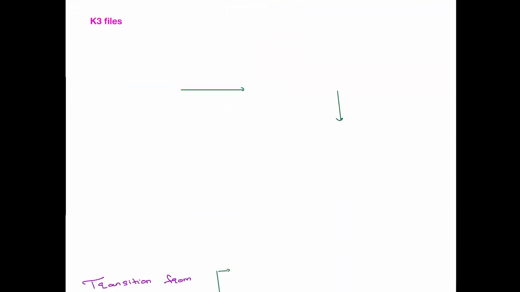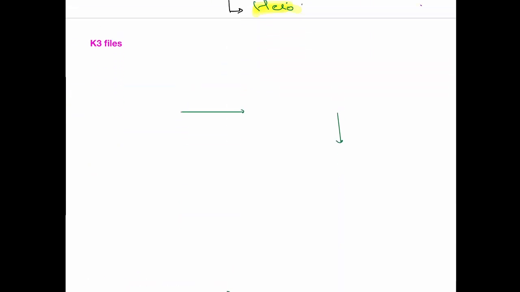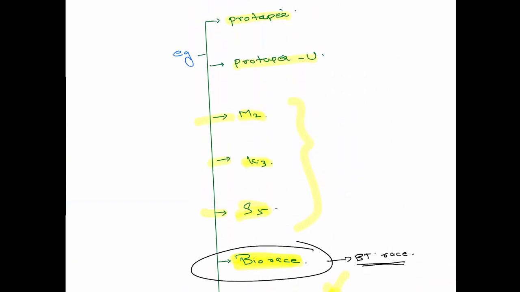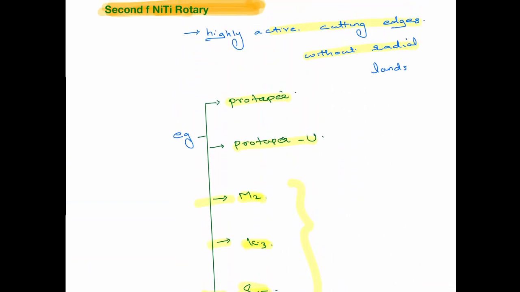So we'll come on to the first system here. One more thing I just want to tell you: we said second generation mostly had no radial lands, but there is one exception. There was a wide radial land. There is the K3, which has a wide radial land, which means the cutting efficiency is lower.